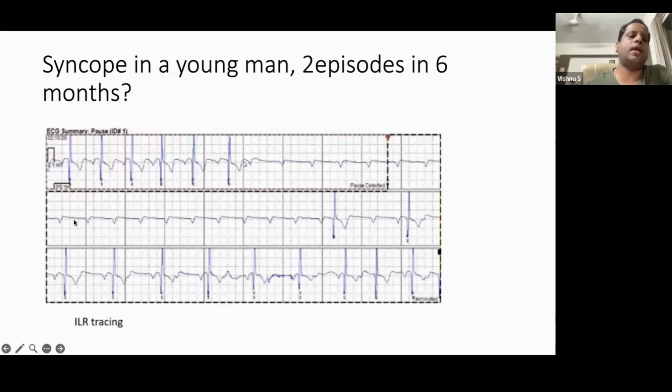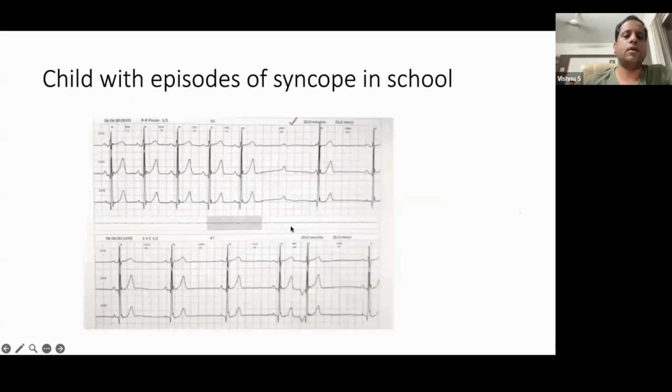Sometimes you will see paroxysmal AV block, out of the blue without any trigger like PVC or drugs. Only non-conducted P waves will be there in trains, so they will have syncope at this point. This is called paroxysmal AV block.